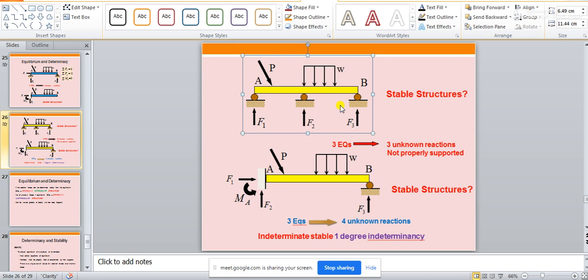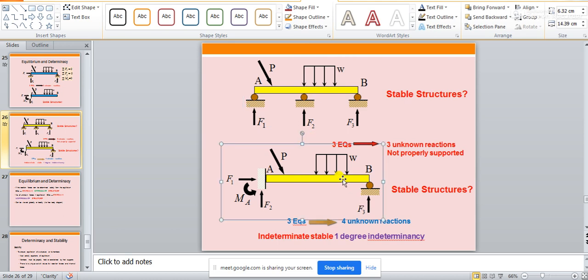So you have 1 more reaction component which cannot be found using those 3 equations of equilibrium. In such a case, this structure, when replaced by a pin support over here, will become a stable structure, but it will not remain a determinate structure. Is it clear? Okay.